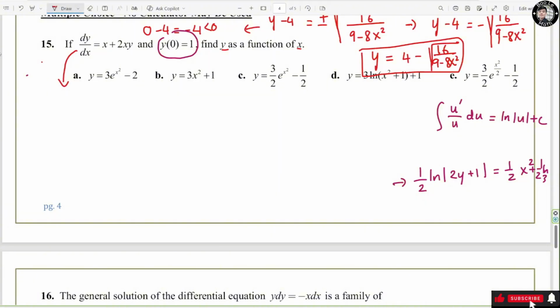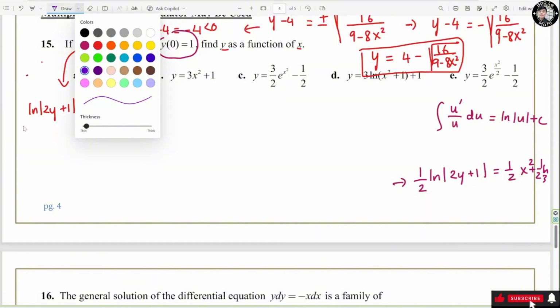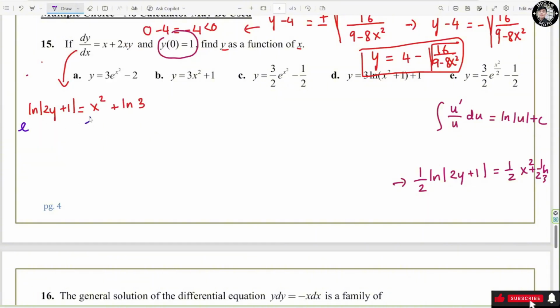Now I'm going to multiply both sides by 2. So I have ln absolute value of 2y plus 1 equals s squared plus ln 3, right? Now I'm going to exponentiate both sides, so e to this one equals e to this one.